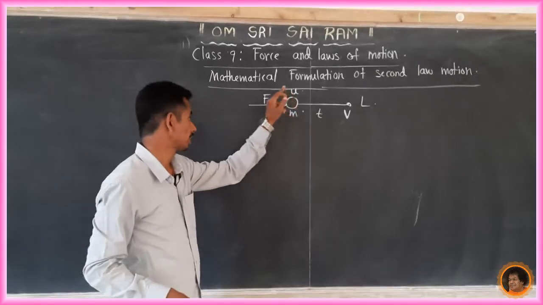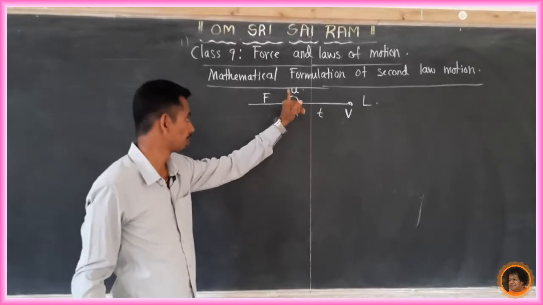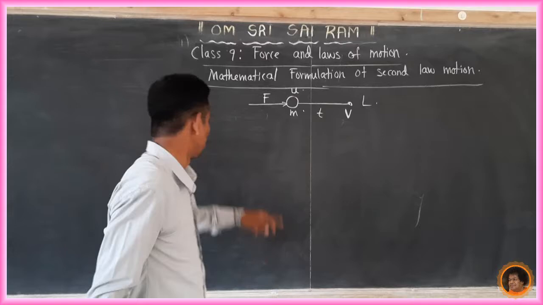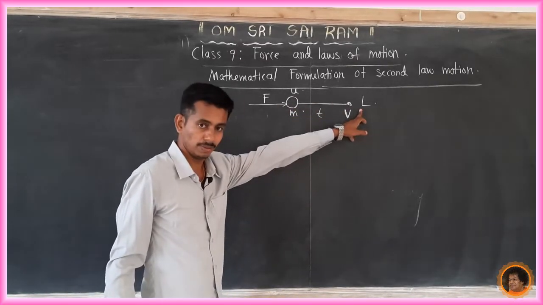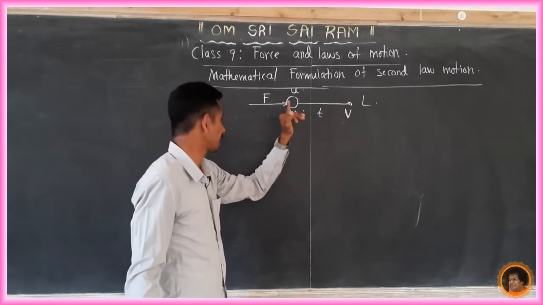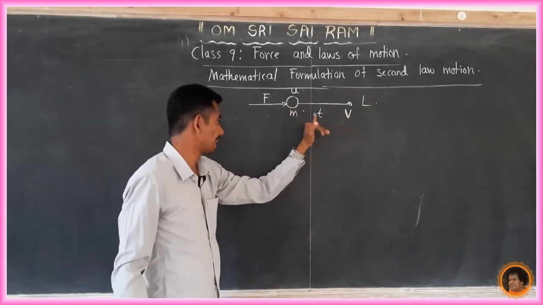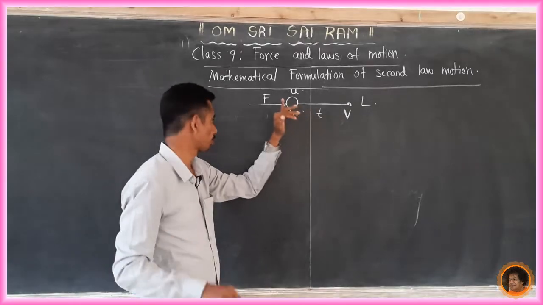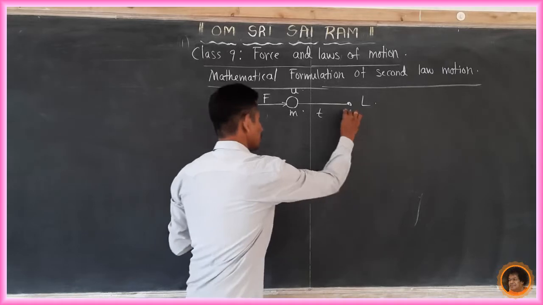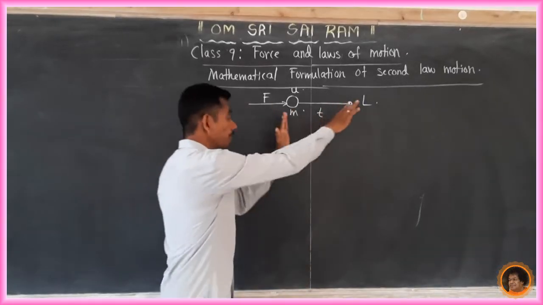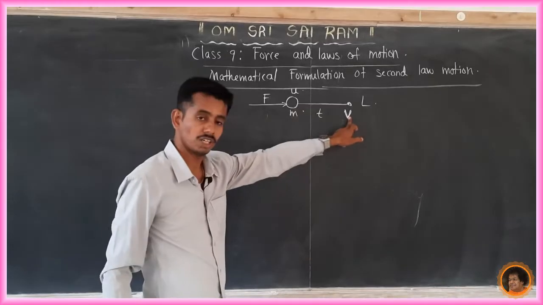Before it moves, it is at rest, so u equals 0. When force acts on this object, it moves some distance L. The time taken to move from this position to this position is t. Then it is moving, meaning velocity is increasing, and that final velocity is v.